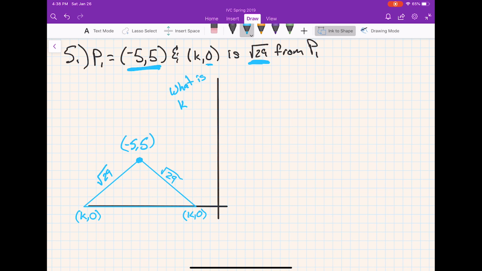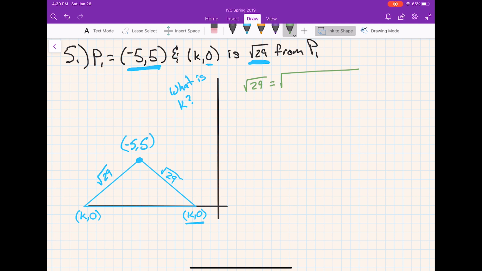Well, since we know the distance, we're going to use a distance formula here again, since we've been dealing with the distance formula for quite a while. So since our distance is square root of 29, we'll just start with that. We'll write that down. Square root of 29 is equal to, and then we'll just substitute all the rest of what we do know into our distance formula.